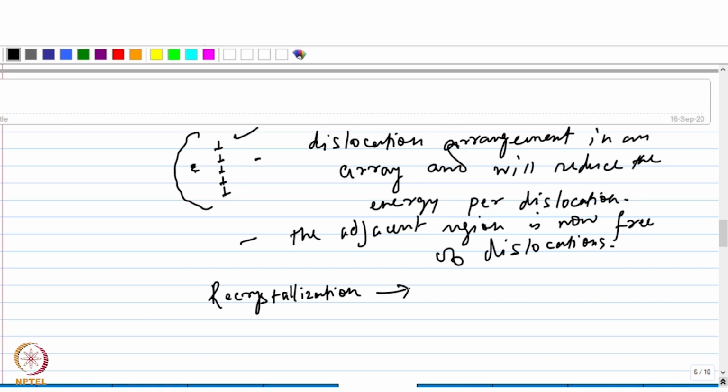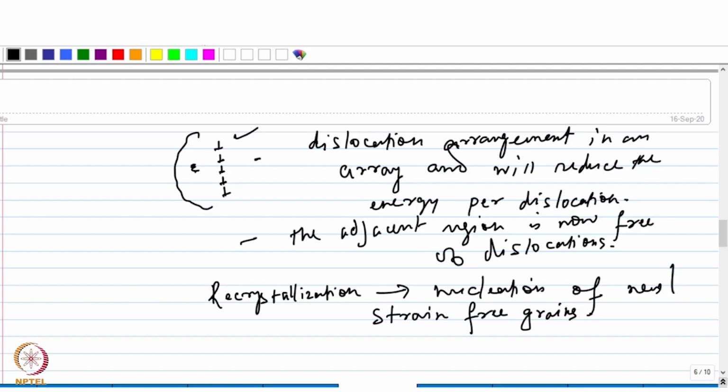Recrystallization, as the name itself suggests, is basically nucleation of new strain-free grains. That is how you can define the recrystallization process, because as you would have seen before, the grains after the cold working process are strained and deformed.